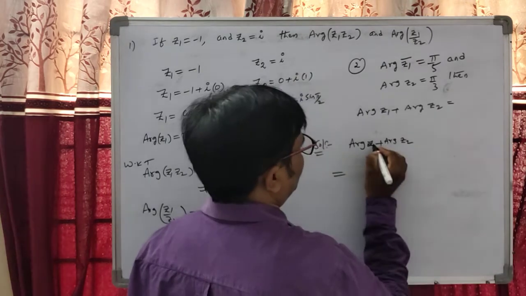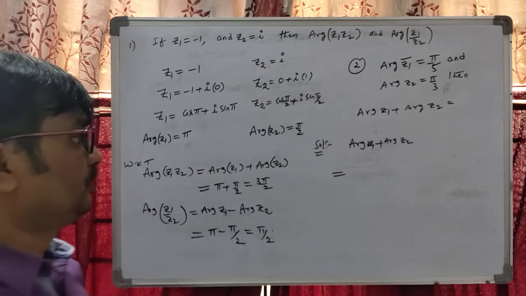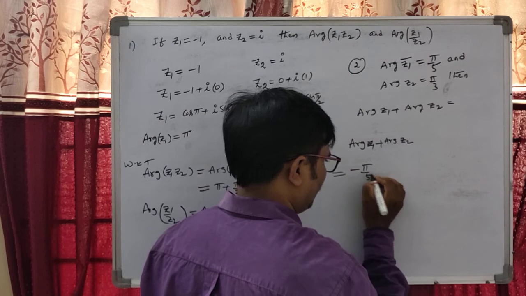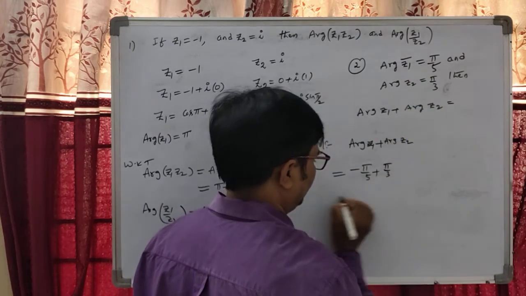Okay students, the argument of Z1 bar is pi by 5. So the conjugate Z1 bar has argument pi by 5. Therefore, the argument of Z1 is minus pi by 5. The argument of Z2 is pi by 3.